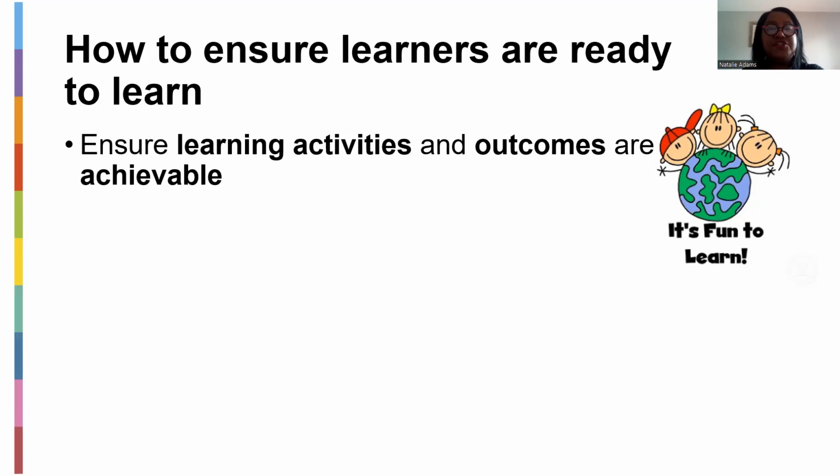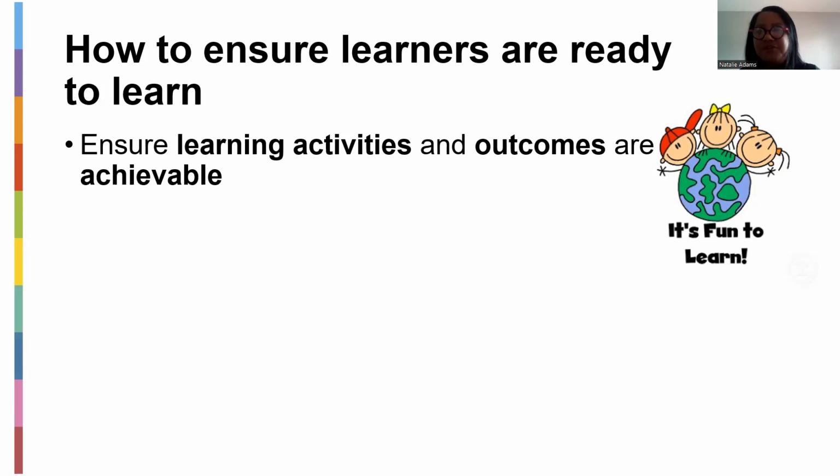So how to ensure learners are ready to learn. So this is a totally new section. Ensure learning activities and outcomes are achievable. That's very important. Remember what Krashen says, and I'm going to go back to him, he says that comprehensible input, so the competence of the learner, you must figure out where they are, so that can be done via prior knowledge, plus you must add one additional knowledge element.